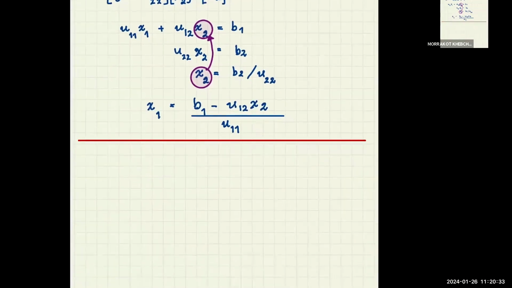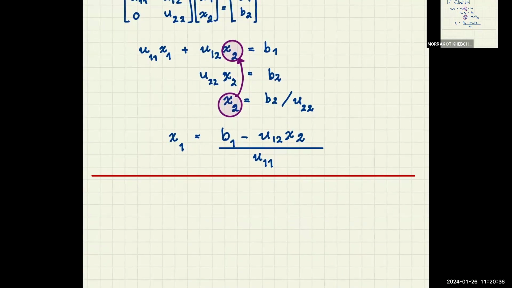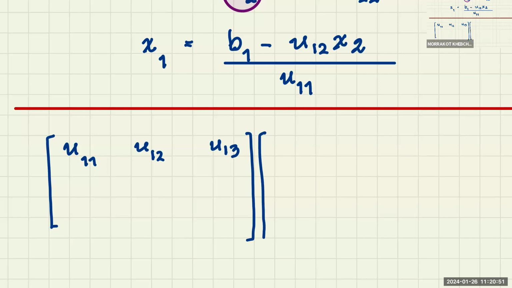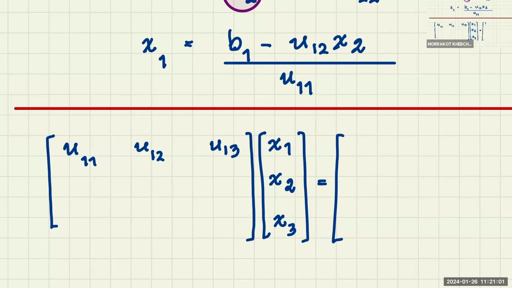How about 3 by 3? You get u11, u12, u13. Okay?